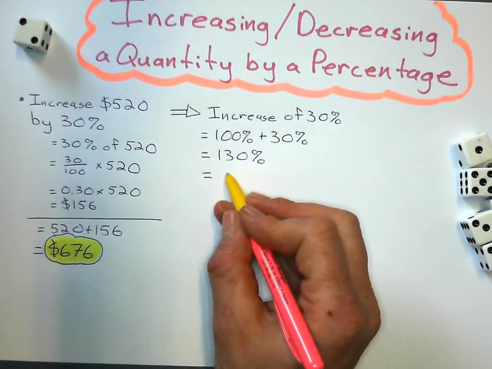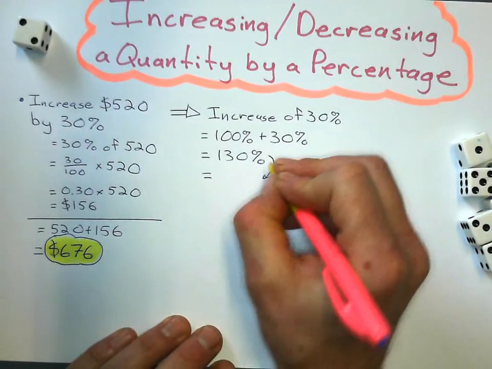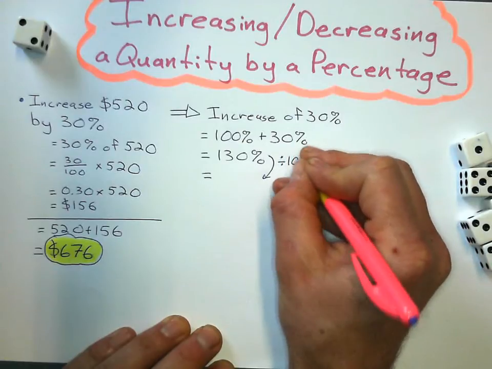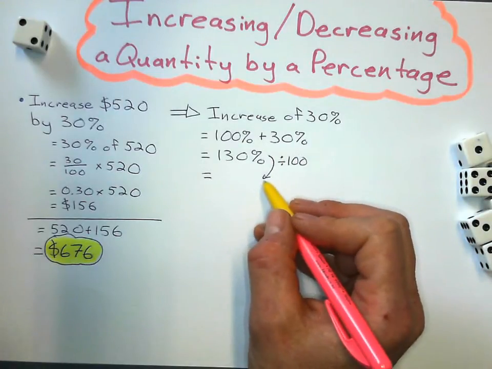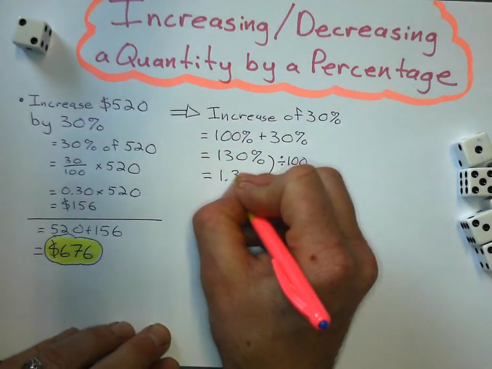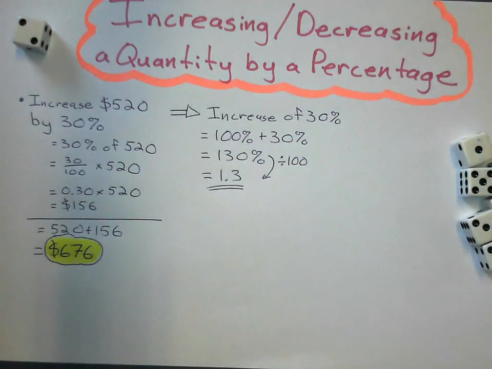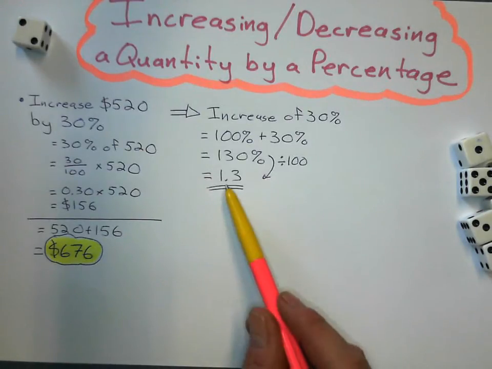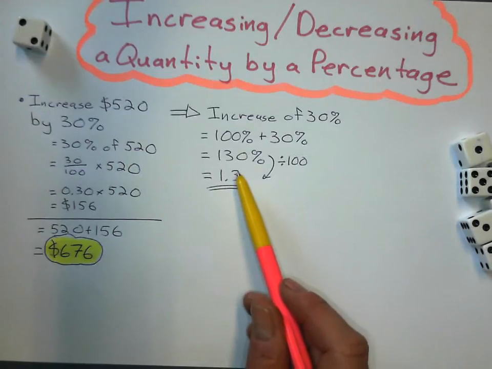And as a decimal, remember how I change a percent to a decimal is just to divide by 100, and hopefully we can do this in our head. Divide by 100 is 1.3. Now this number right here I'm going to call the multiplier. 1.3 represents an increase of 30%.